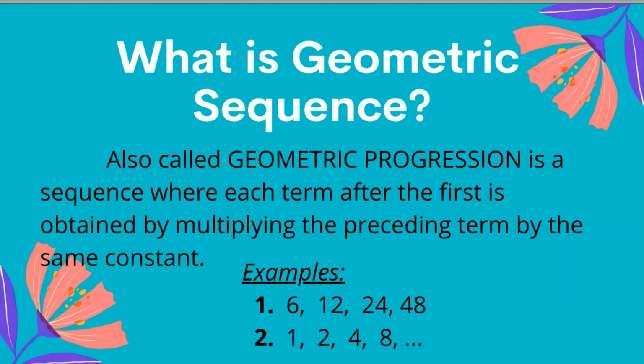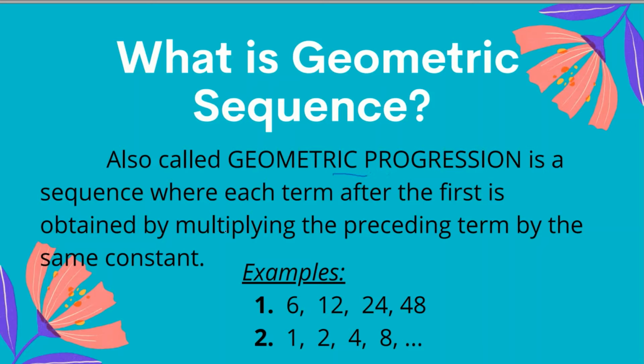What is geometric sequence? Geometric sequence is also called geometric progression. It is a sequence where each term after the first is obtained by multiplying the preceding term by the same constant.